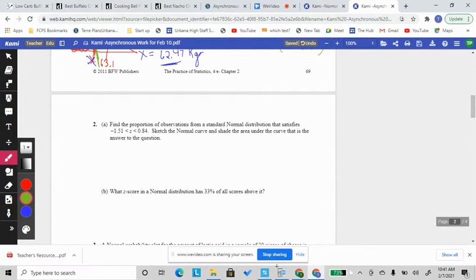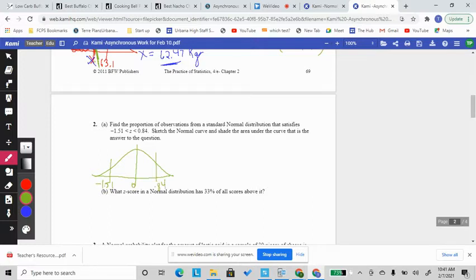Find the proportion of observations that satisfies these two z's. Sketch the normal curve and answer the question. All right, so we want to know the area between negative 1.51 and 0.84.